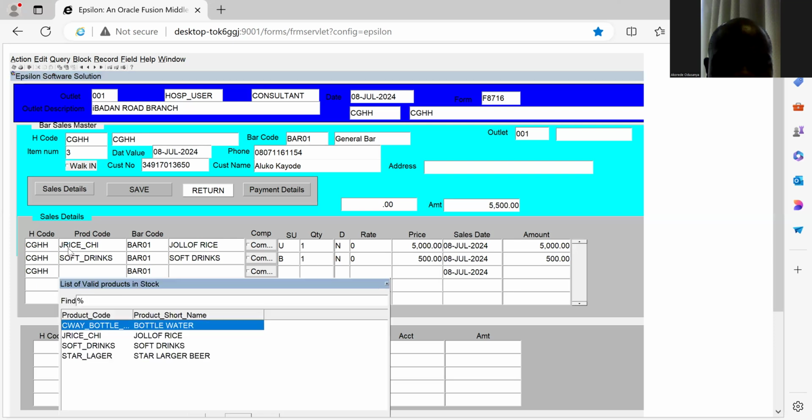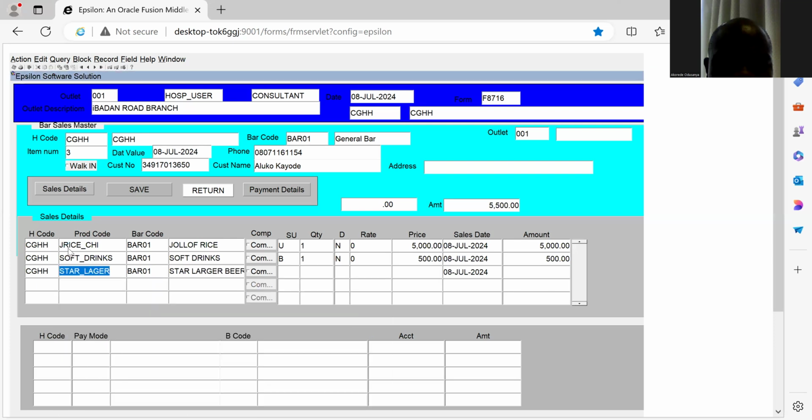Then the third item, Star Lager beer, also sold in bottles, 1 bottle, no discount.